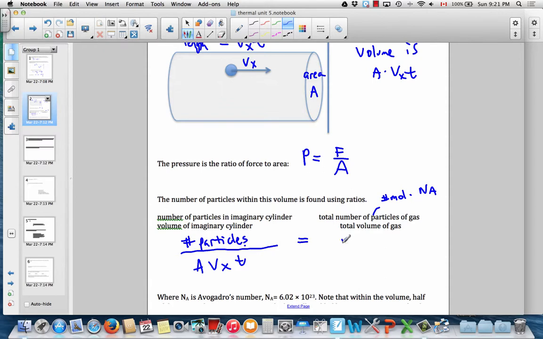So this is the total number of particles of the gas, and this is the total volume of the gas. We're finding the number of particles in this volume just using the ratio. We're saying that the density of particles and the distribution of particles is a constant, so the total number of particles in the total volume will equal the number of particles in the cylinder over the volume of the cylinder, very simply.